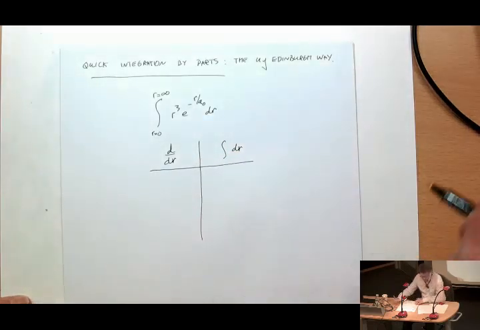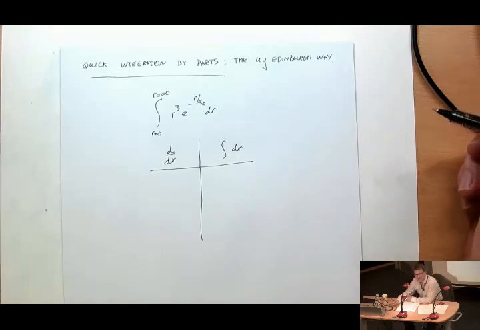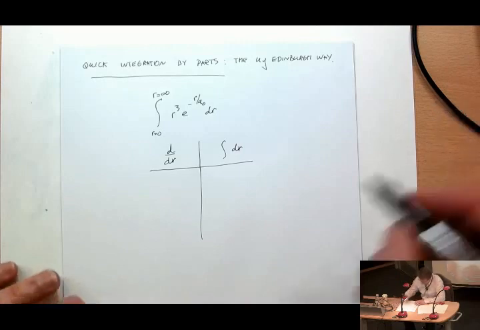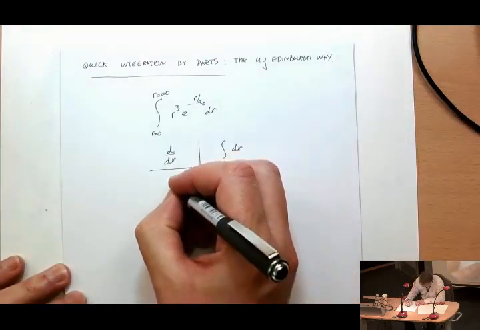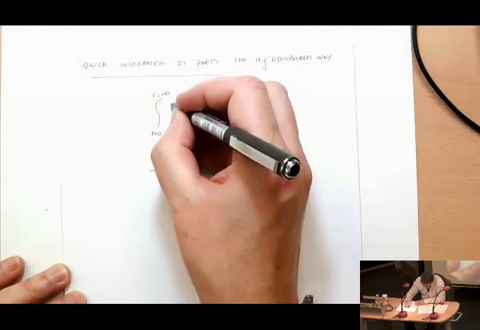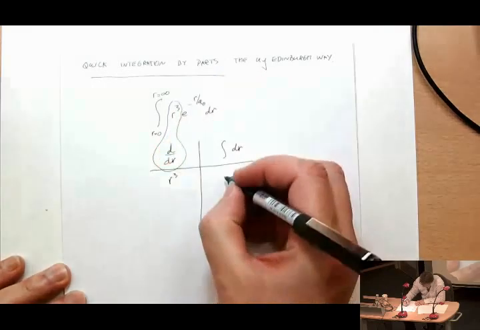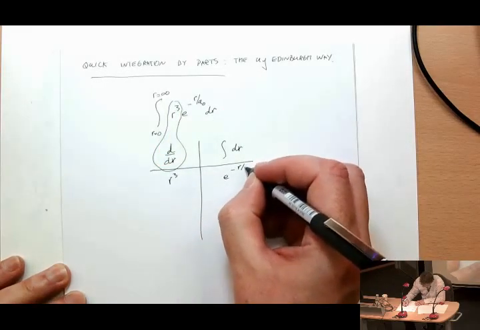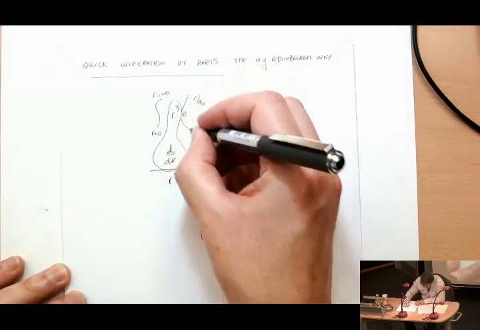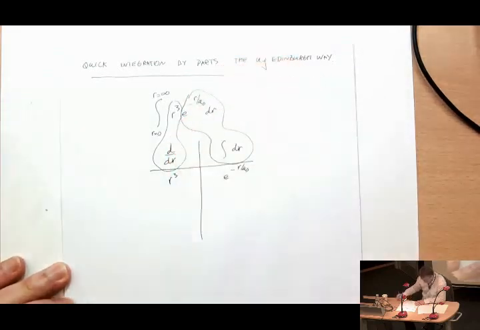So I'm going to choose one of the bits of my integral to differentiate and one of the bits to integrate. So in fact, I'm going to choose r cubed as the thing I want to differentiate, and e to the minus r over a naught as the thing that I'm going to integrate.